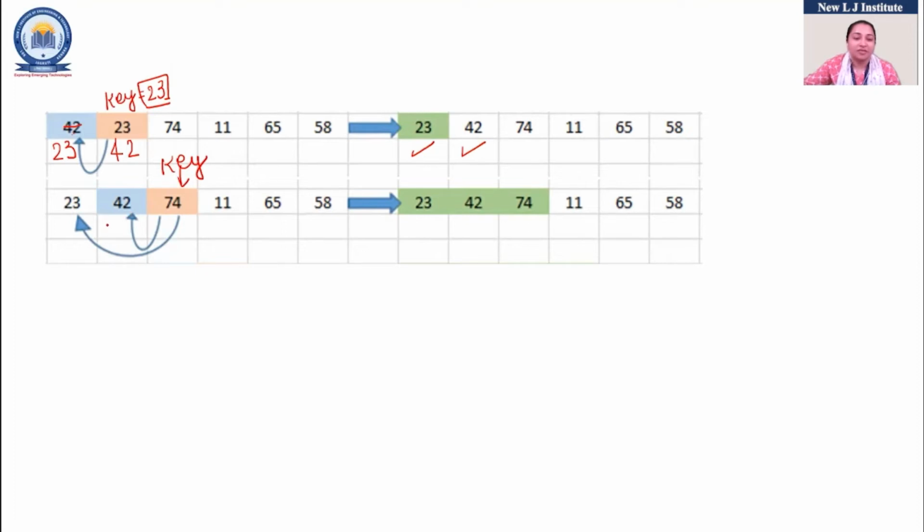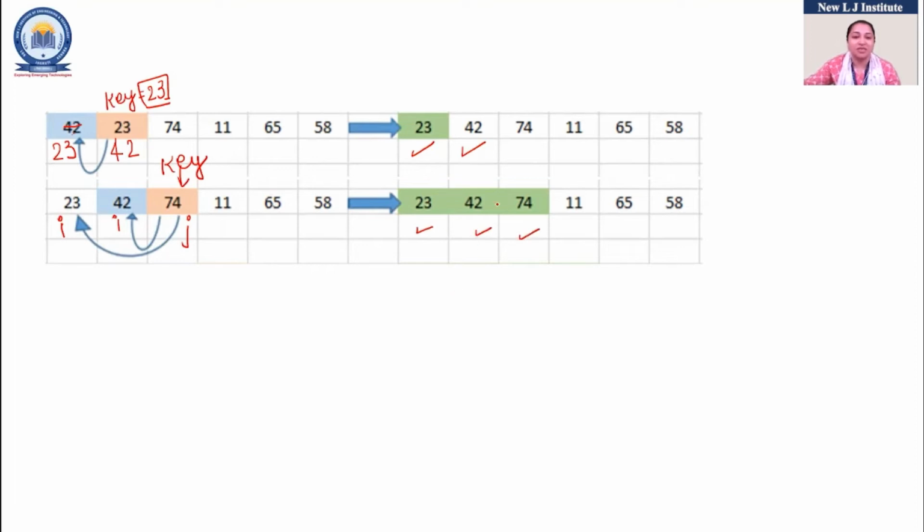Now here i will be decremented by 1, and now i will be pointing over here at 23, right? So now 74 will be compared with 23, and because 23 is already smaller than 74, that means all three elements are already in proper position. So we have fixed the positions of these three elements now.